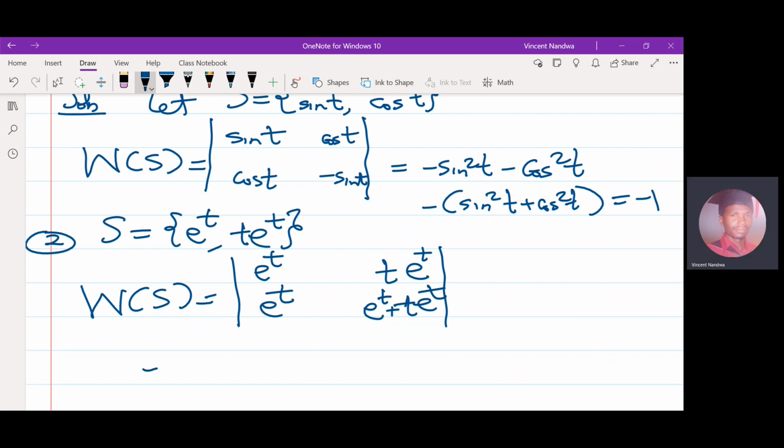So the determinant will be e power t into e power t plus t e power t, minus e power t times t e power t.